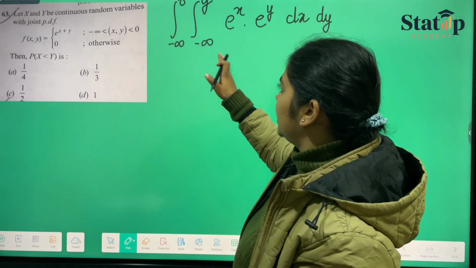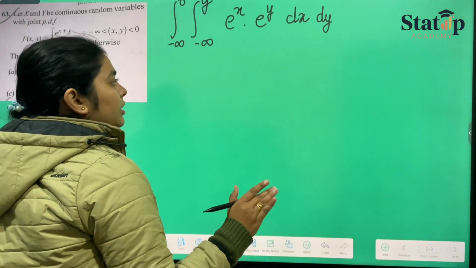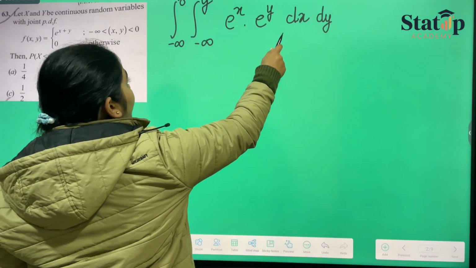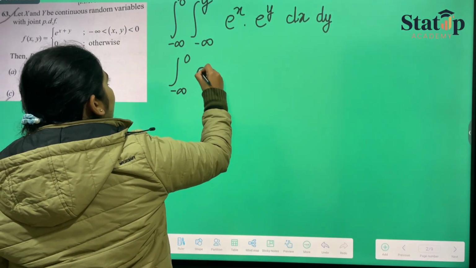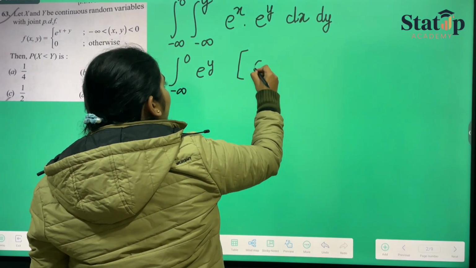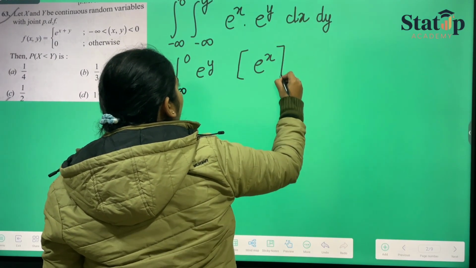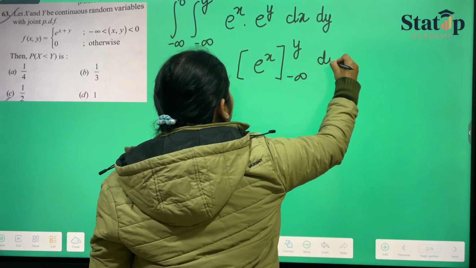I hope you know how to make these statements. As soon as you make the statement, there is nothing but to integrate them. So first of all, we have to integrate x. We'll take e raised to the power y outside, and we'll integrate e raised to the power x. Now e raised to the power x has integration e raised to the power x only, with the limits minus infinity and y, and dy.